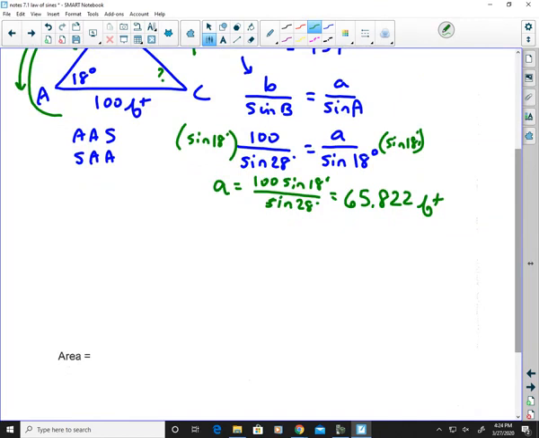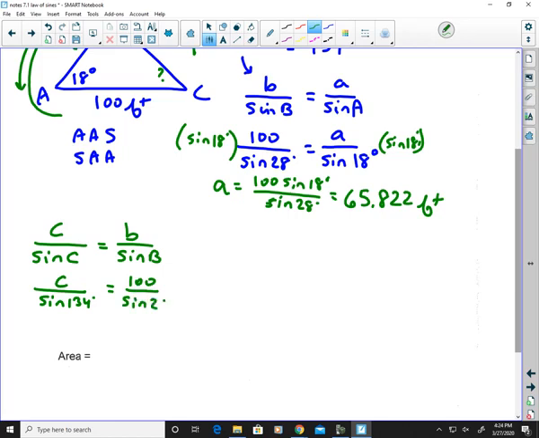Okay, now let's find side C. So side C over the sine of C will be related to my B. I'm going to stick with B because I know everything about B. So C over sine of 134 degrees equals, B was 100, sine of 28 degrees.